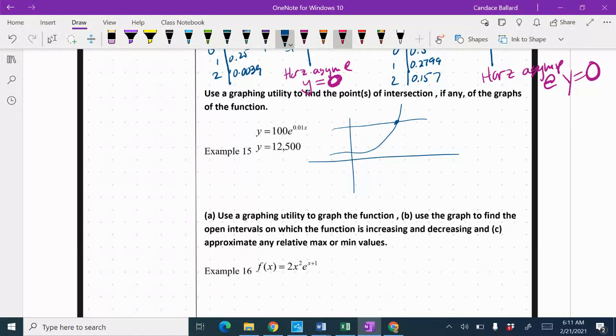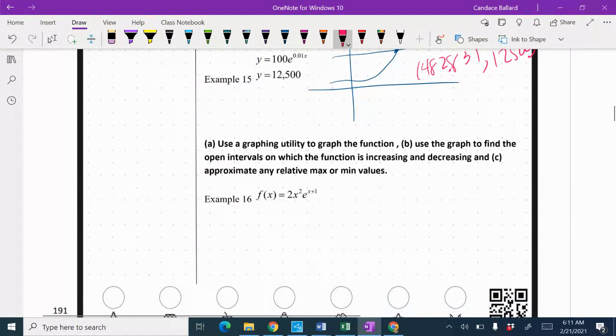And then our point of intersection is 482.831 and 12,500. And then in example 16, we're supposed to graph the function and then use the graph to find increasing, decreasing, and approximate any relative maxes or min values.